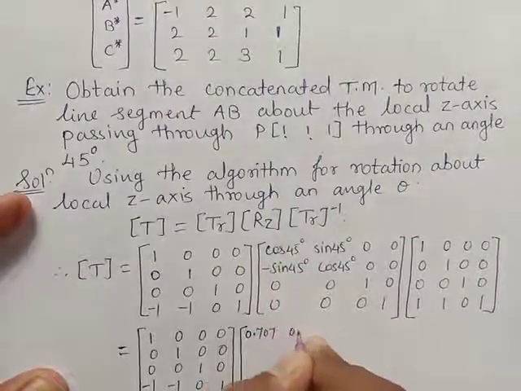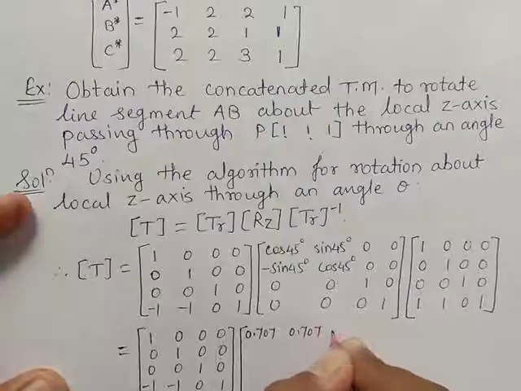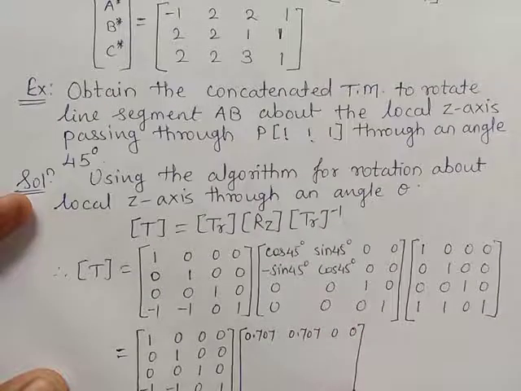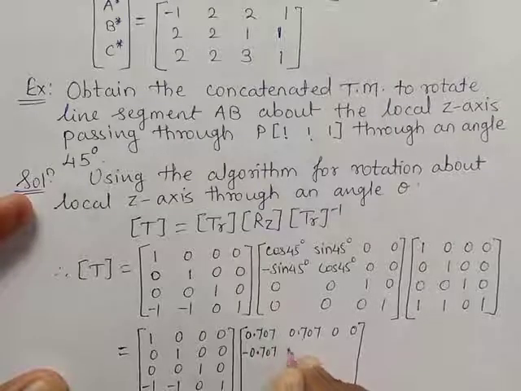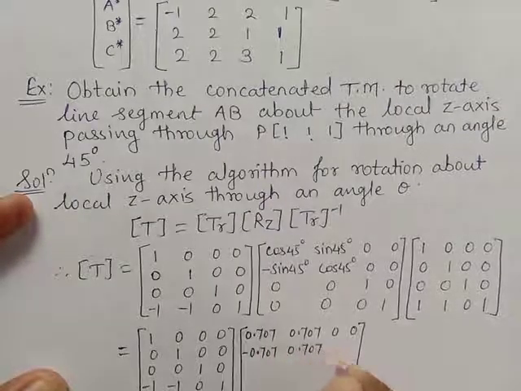0.707, 0.707, this is minus 0.707, 0.707.